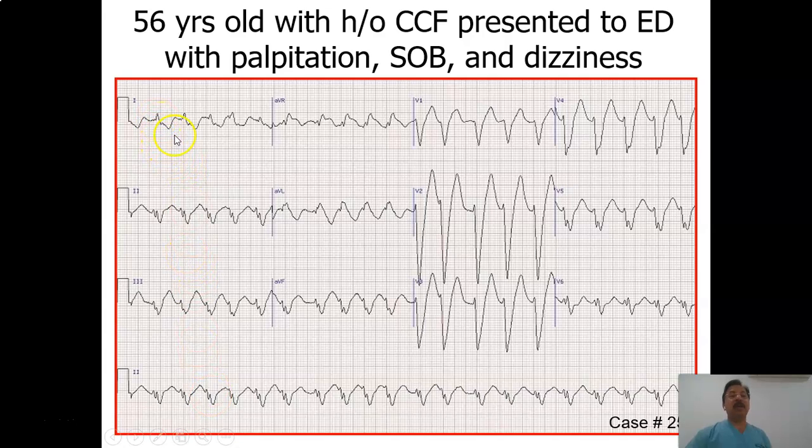Axis looks normal. Hypertrophy in presence of wide QRS complexes should not be commented. There is left bundle branch block pattern, or maybe this is left bundle branch block. ST segment elevations are seen, but these are normal features in presence of left bundle branch block.